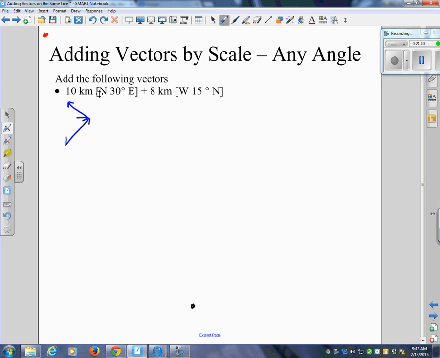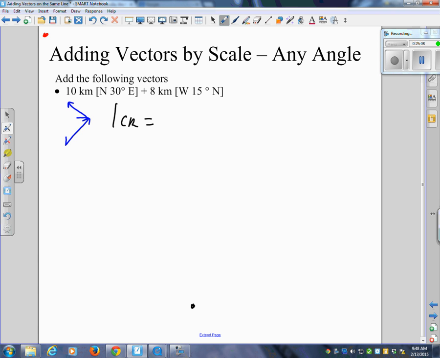Now, before I do anything, I need my scale. How do you start a scale? Always, always, always with the words 1 centimeter equals. Always. I had a couple guys who wanted to use millimeters. I'm okay with that. 1 centimeter equals. I've got 10 kilometers and I've got 8. What scale should I pick? 1 centimeter equals maybe 2?